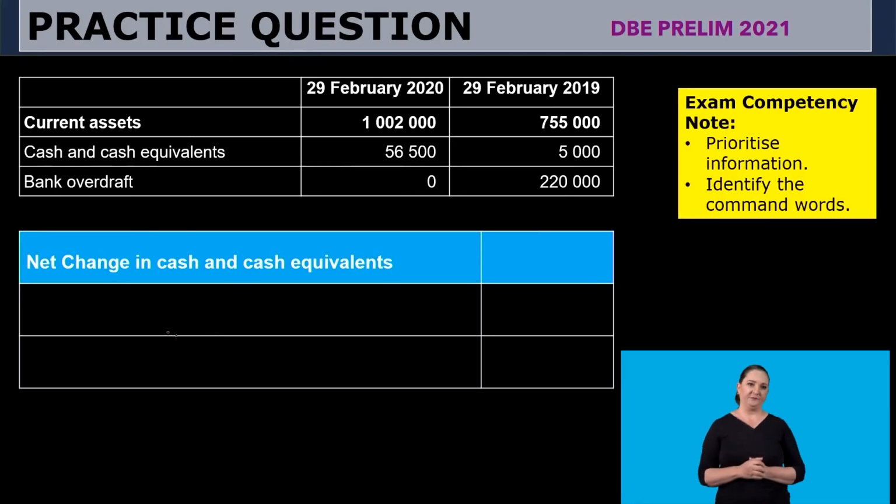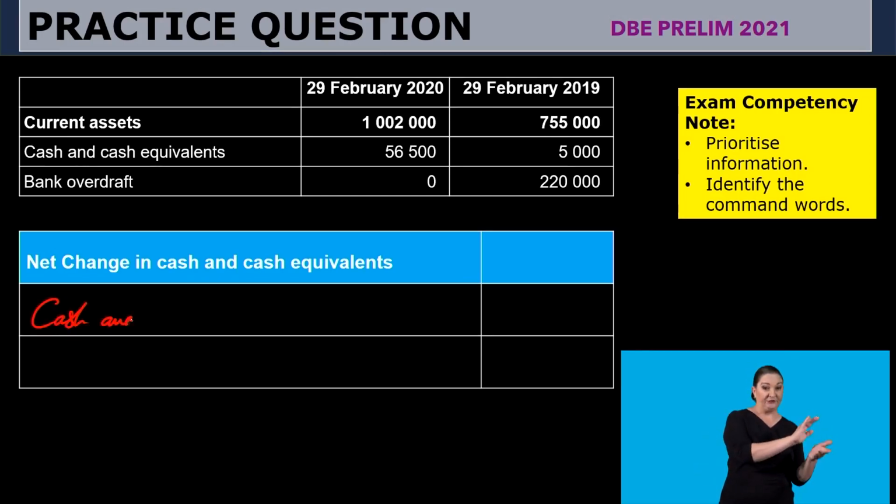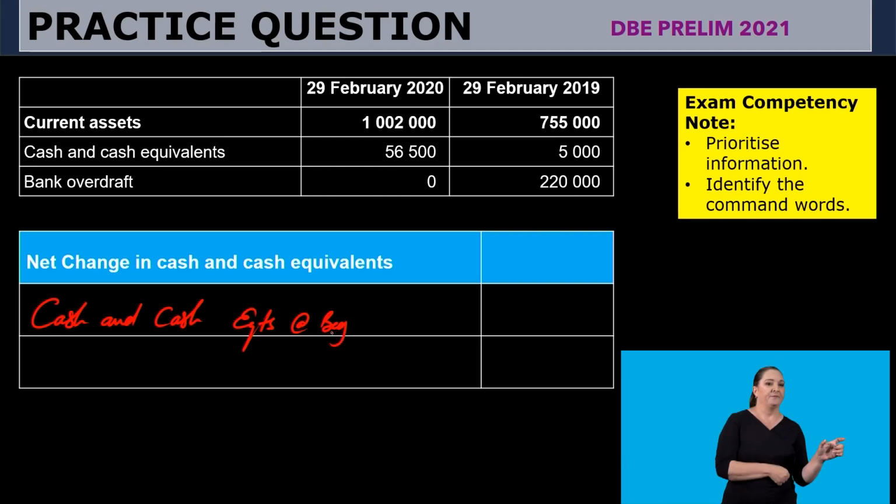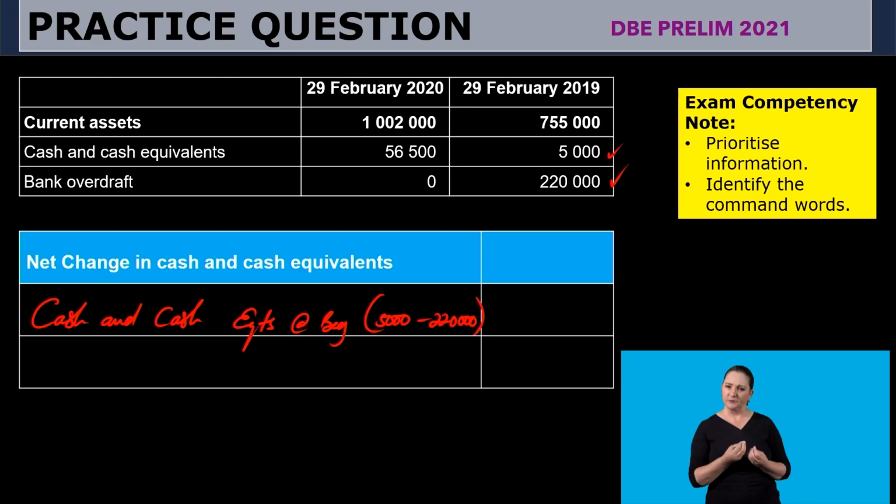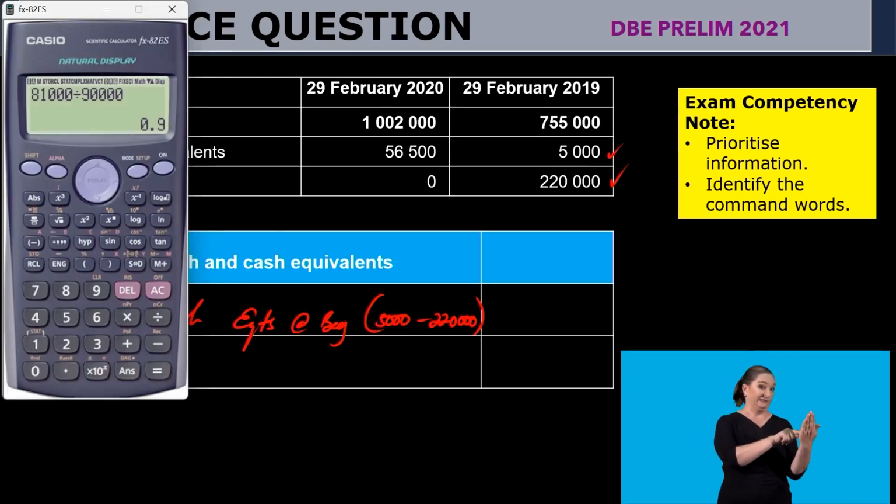So you will now say your cash and cash equivalents at the beginning, you have 5,000 here. But you also have a bank overdraft of 220. That means I'll come in then I say minus 220,000. And then I close my bracket. Now, I want you to see something if we punch this on the calculator together.